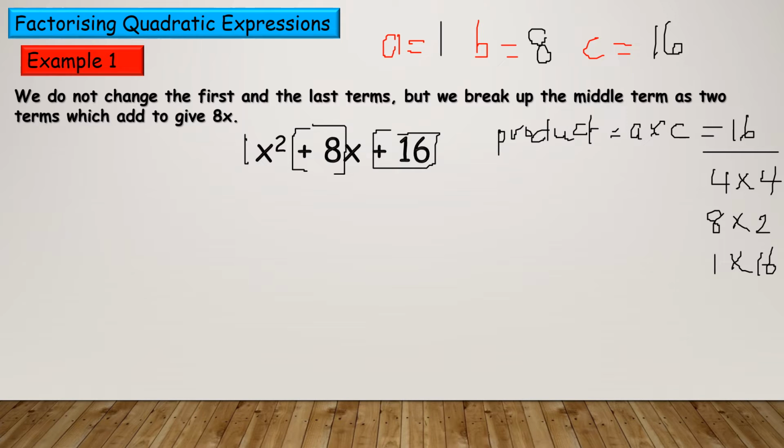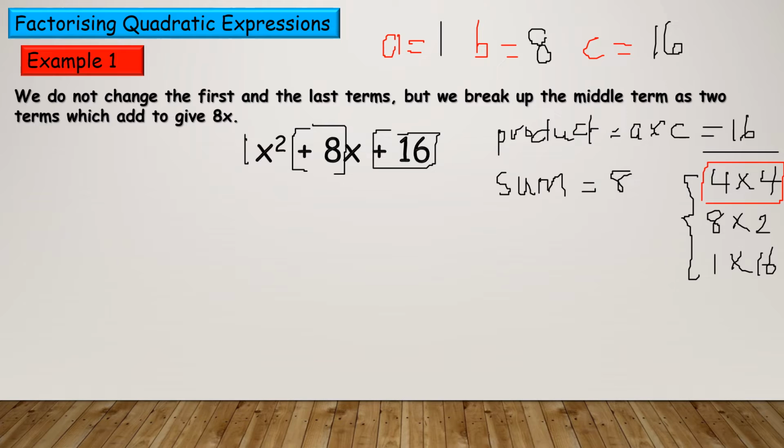We could turn it around to 16 times 1, 2 times 8, or 4 times 4. Which of these combinations would give us the sum, which is the b value, 8? Right away we can see that it is 4 and 4. When we add 4 plus 4, we get 8, and when we multiply 4 by 4, we get 16.